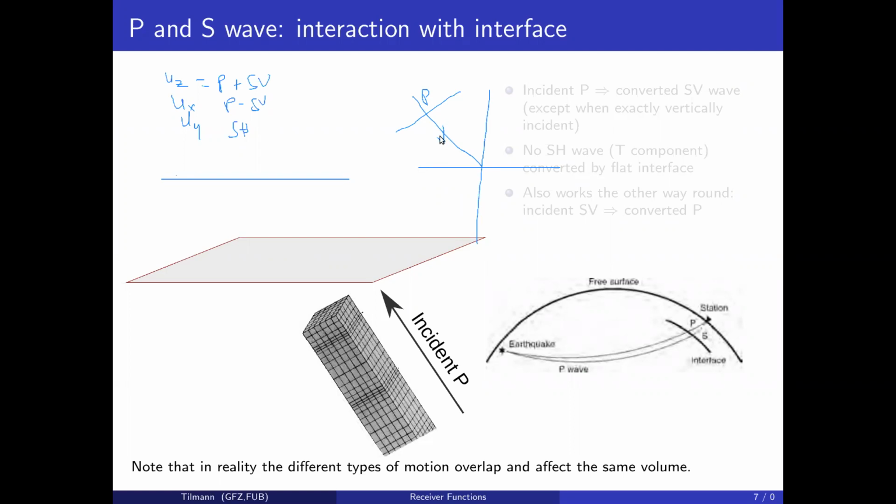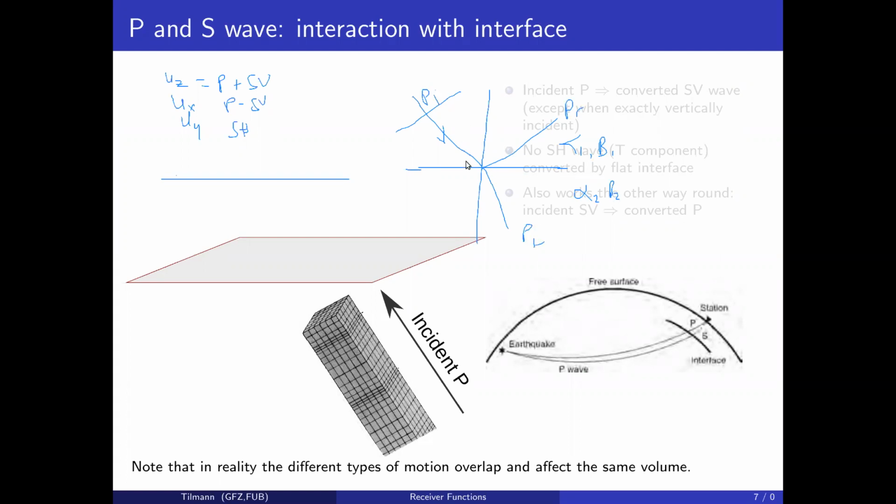If you have a P wave incident on a discontinuity, then part of it is going to be reflected, part is going to be transmitted. Let's define some elastic parameters. So this is the reflected P, I think this is the transmitted, and this is the incident.